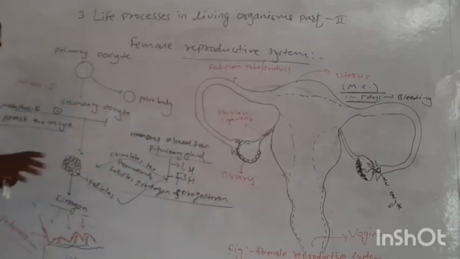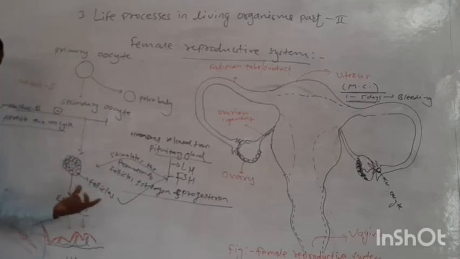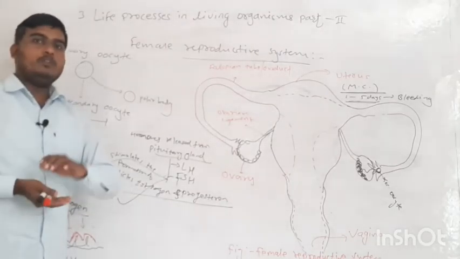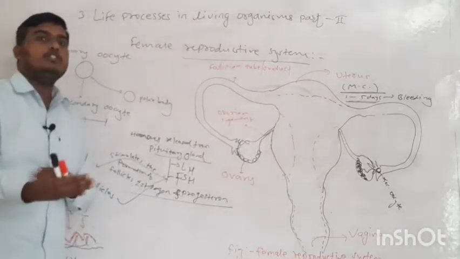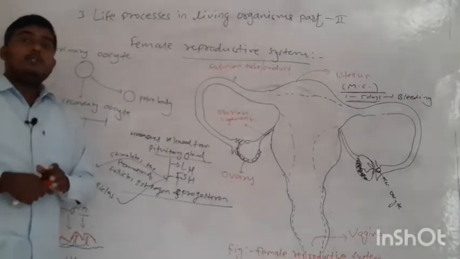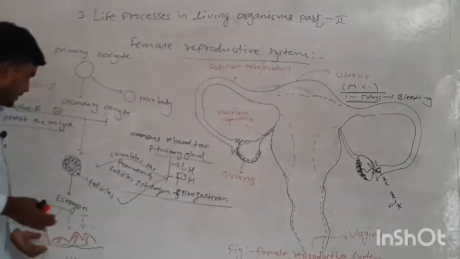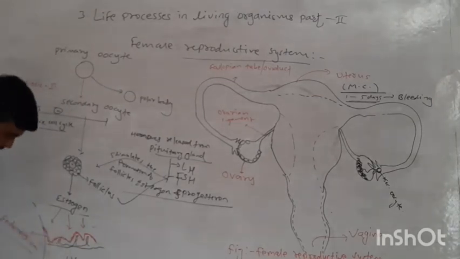Why is this happening? Because if the egg is fertilized with sperm, it converts into a zygote, and that again converts into an embryo. That embryo has to be nourished by the layer called the endometrium, because it has blood vessels.